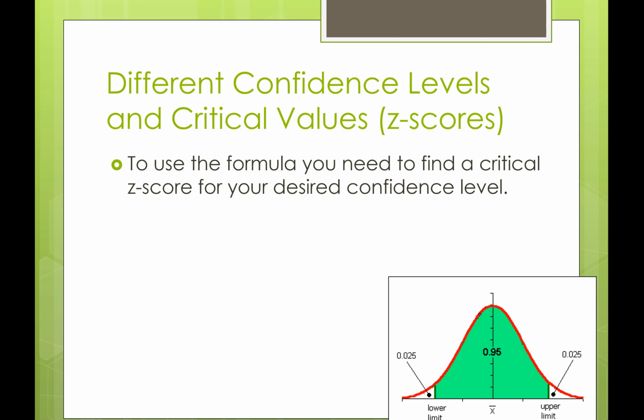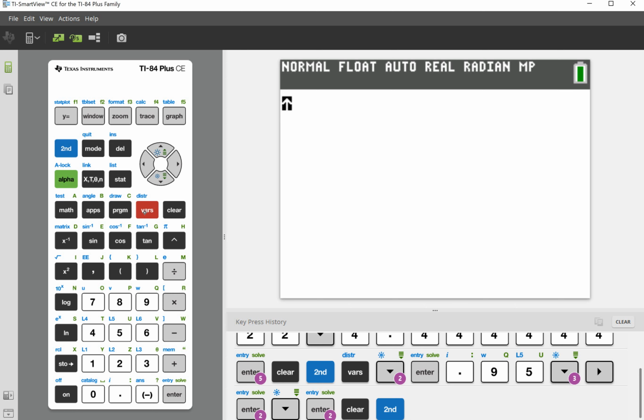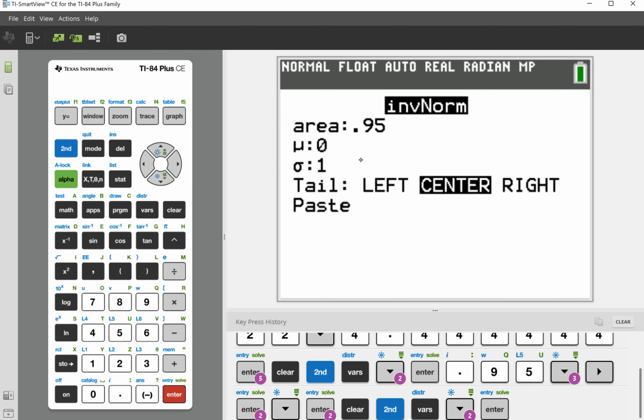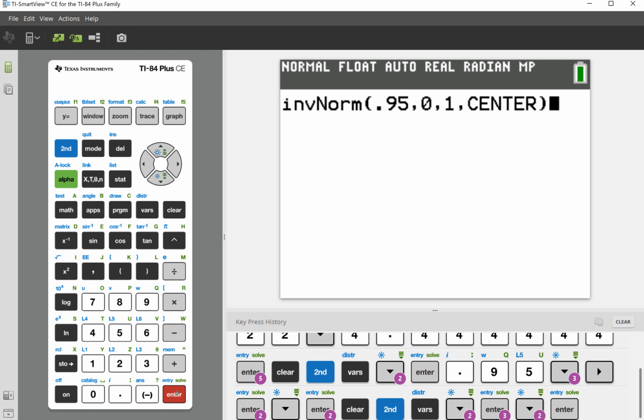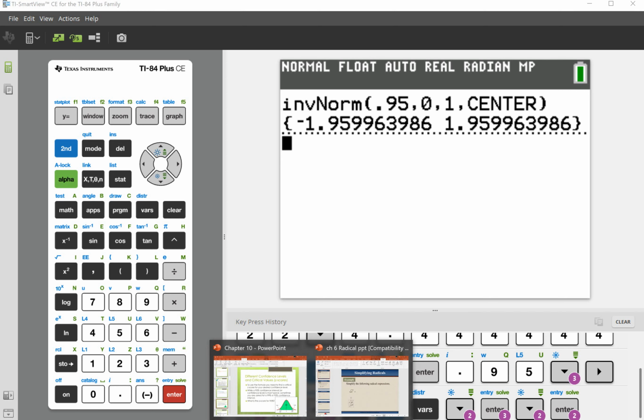So if I do that on my calculator, you just go to second distribution, inverse norm, 0.95, and you have the mean is 0, standard deviation is 1, because we're looking for a z-score, so we don't want to mess with the mean and standard deviation. Enter, enter. And you'll notice it's symmetrical because it's centered, and we're going to use plus or minus 1.96.